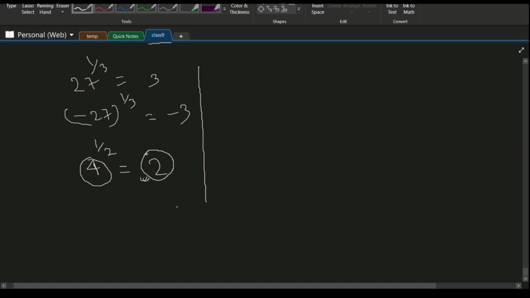And that's why the term principal is coming, because we have more than one option. Let's say I don't put the condition that signs have to match, and I simply say 4 to the power half is a number x such that x square should be 4.